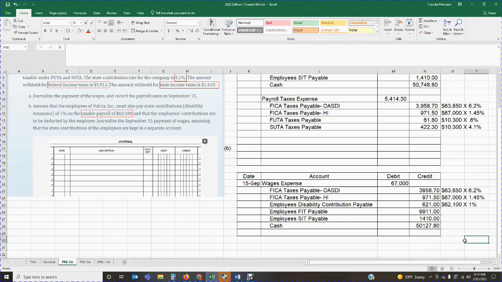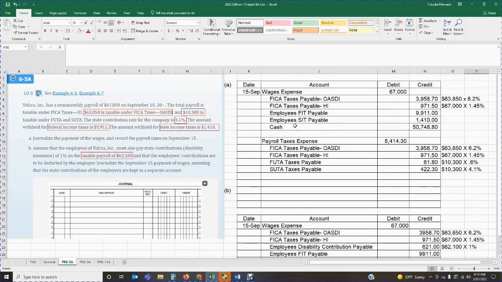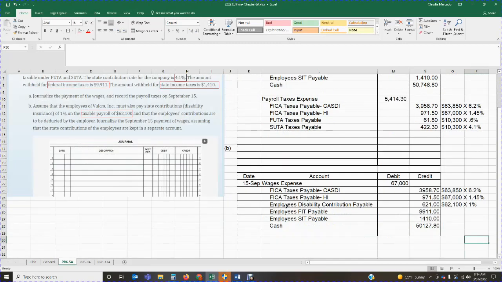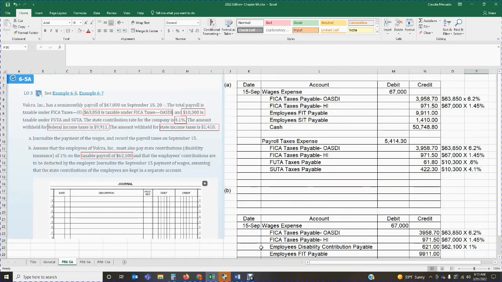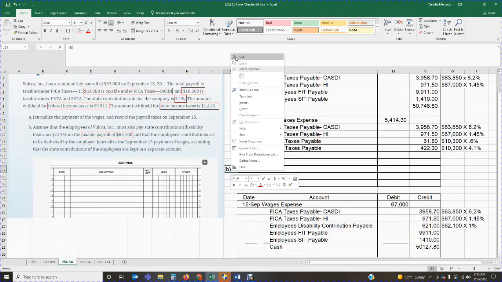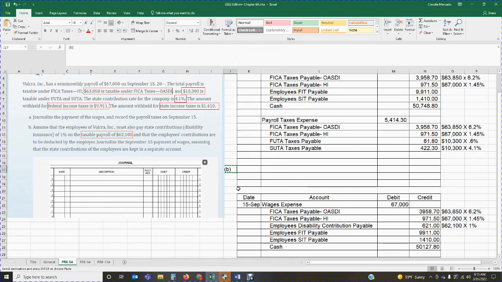In this particular part, the only change from the top section was that we added that additional employee's disability contribution payable entry for the 1% based on the 62,100. That is the only difference between requirement A and requirement B, right here.